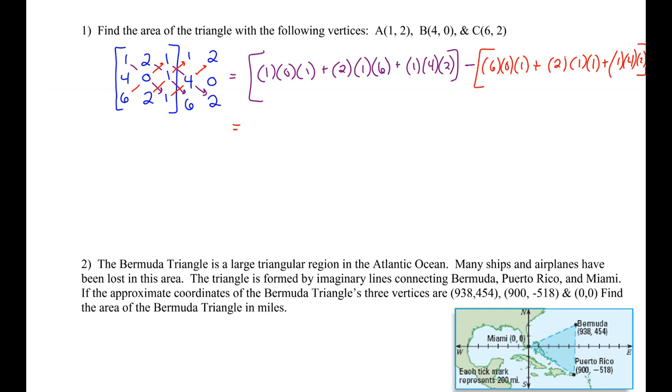So if we simplify here, I get 0 plus 12 plus 8 in the first set of brackets, and that's subtracted by 0 plus 2 plus 8.